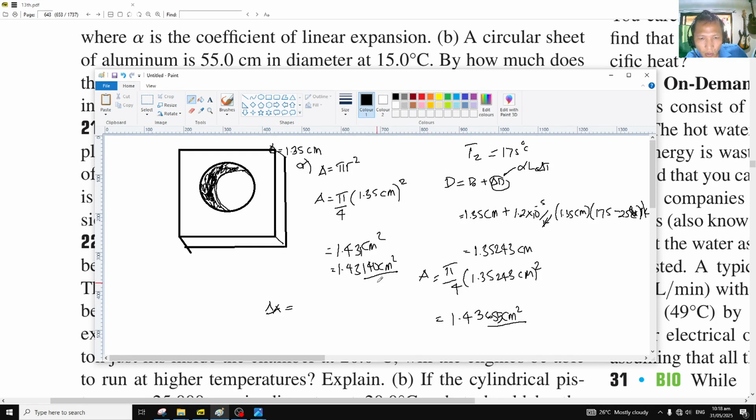Which will be 1.43655 minus 1.43140, and that will give us 0.00515. 0.00515, that is it.